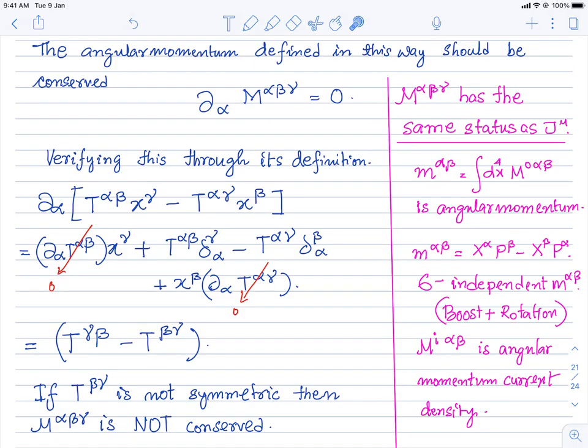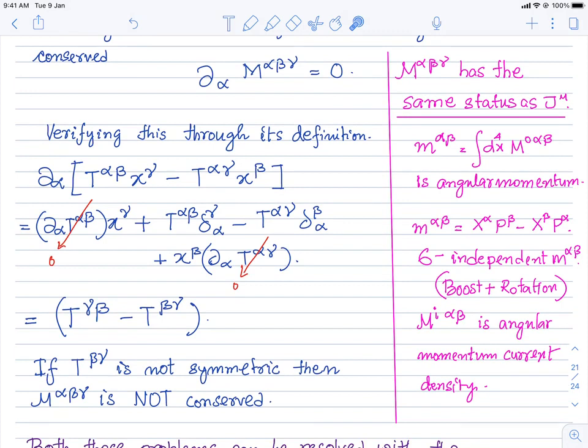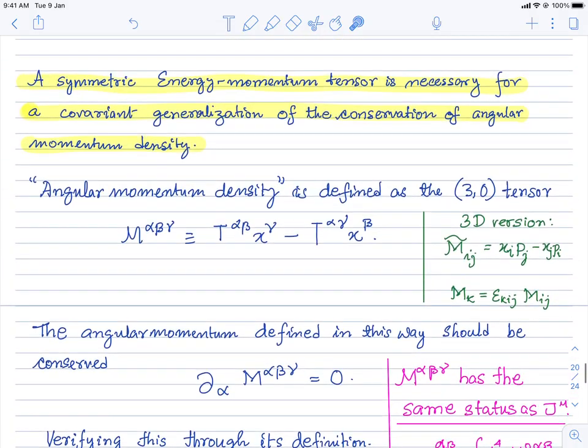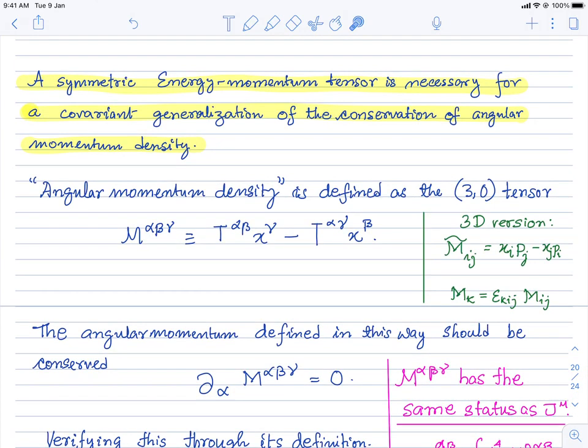So M alpha beta is the corresponding angular momentum current density. As you know, angular momentum is a conserved current corresponding to rotations.